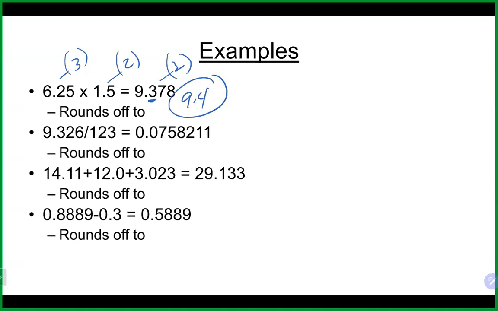Looking at the next one, we're dividing. So we're looking at sig figs. That one's got 4 significant figures. That one's got 3 significant figures. So we're going to look at 3 significant figures, which puts us at the 8, as those zeros at the front are not significant. We look next door, and that is a 2.